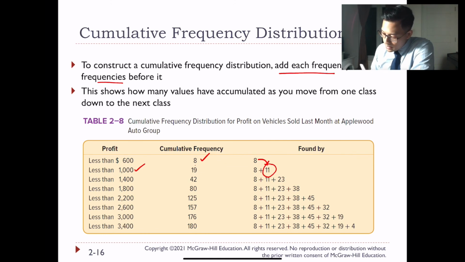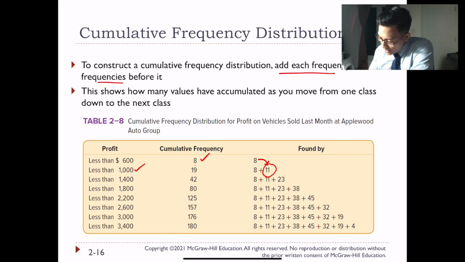Since there are 11 profits between 600 and 1000, what you're going to do is add 8, which is the frequency in the previous profit class, to the 11, which is the number of profits in that particular class, and the addition is 19, which is the cumulative frequency up to observations of profits less than 1000.